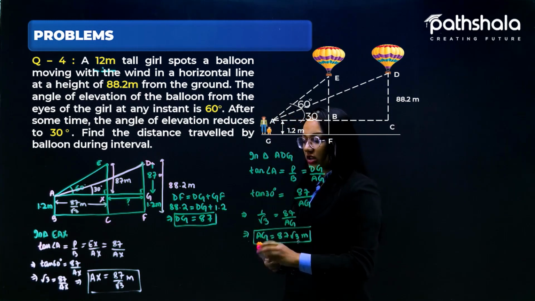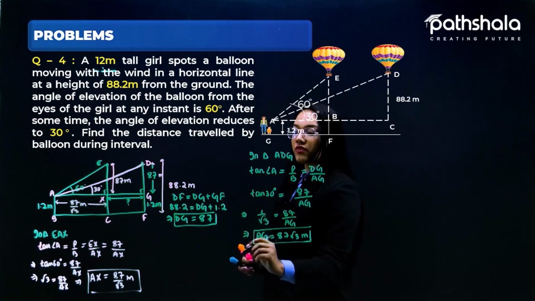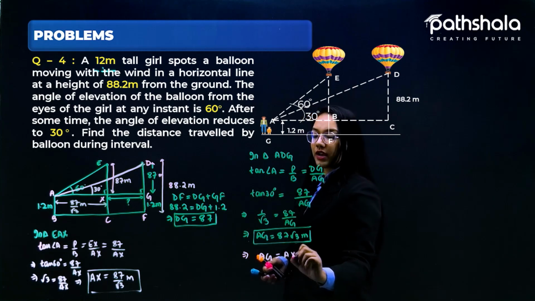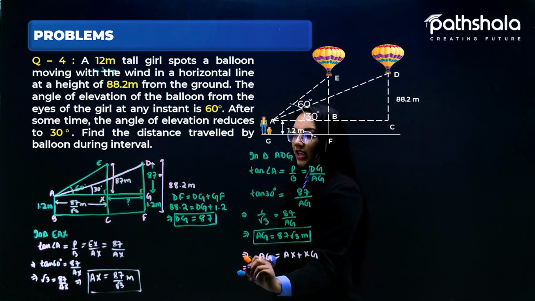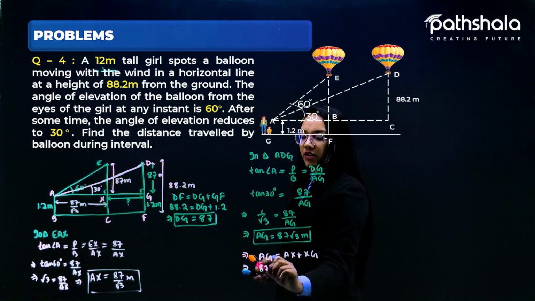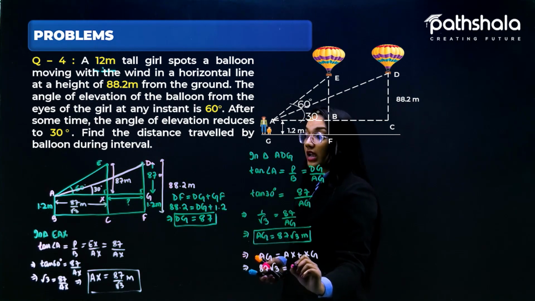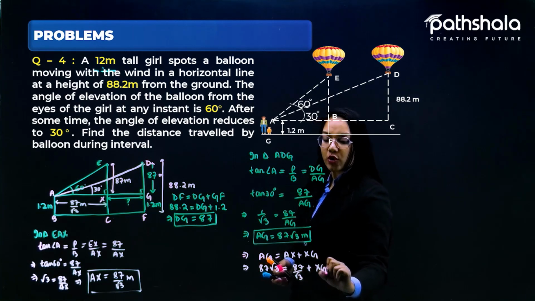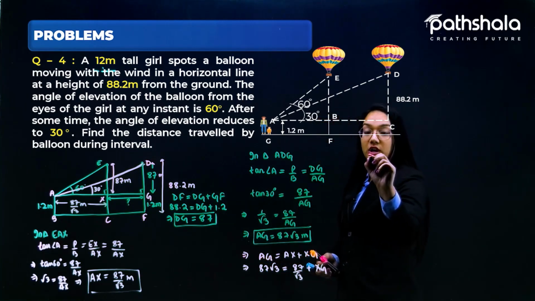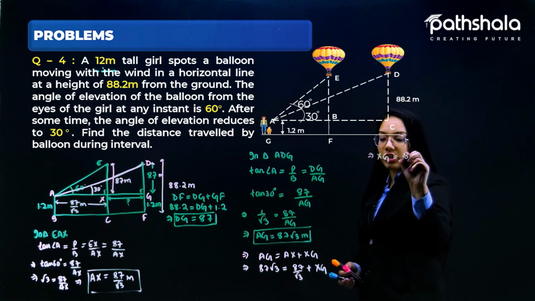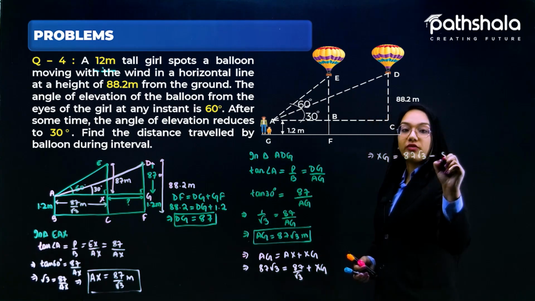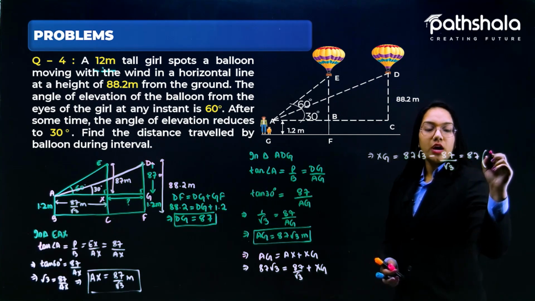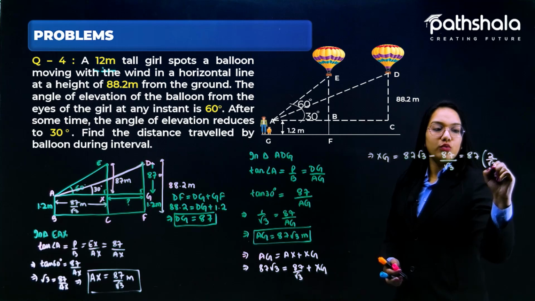Total AG. We just have to calculate XG. So let's find XG. We know that AG is equal to AX plus XG, and AG is a total of 87 root 3, which is equal to AX, which is 87 by root 3, plus XG, which we want to calculate. So XG would be 87 root 3 minus 87 by root 3. This would be 87 times (3 minus 1) by root 3, which is 2 by root 3.